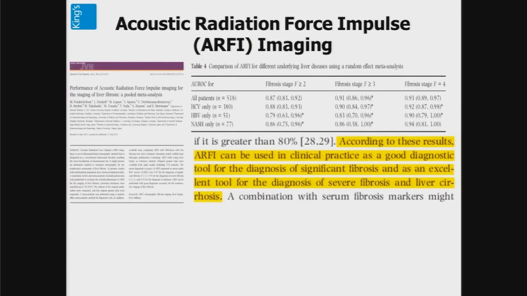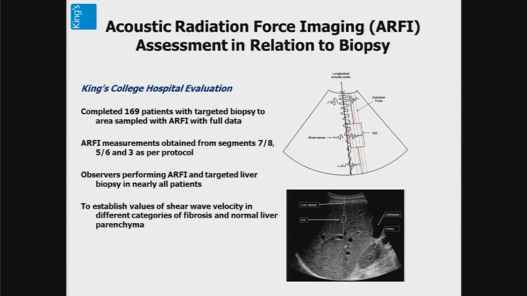So we're looking at a pattern here with shear wave, strain elastography, transient elastography. It's very good at telling you what's normal. It's very good at telling you what cirrhosis is. But in between those two, it's still not quite good at teasing out the exact levels of fibrosis through the liver. When we evaluated this, we had to set up our own program in our hospital, and to do this, we had to establish our own normal range.